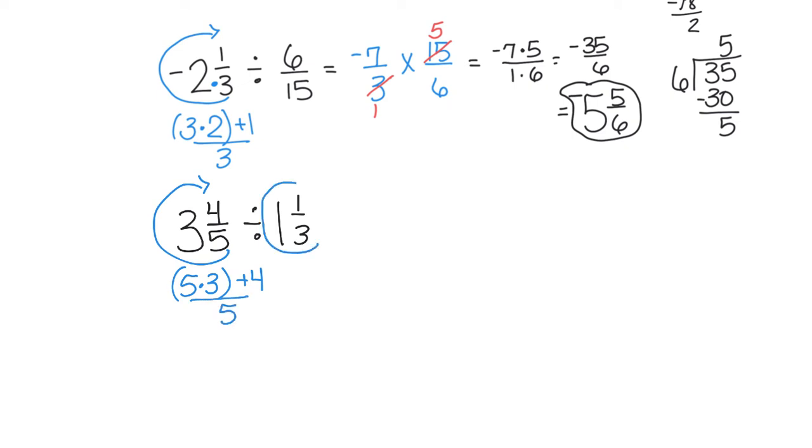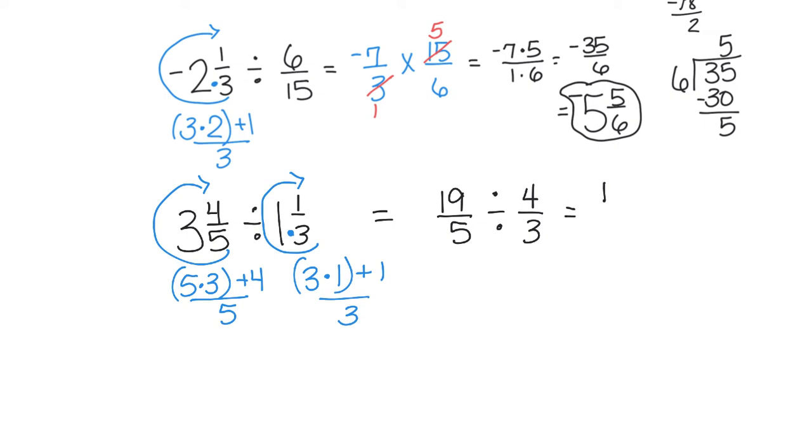Then they're going to do the backwards C here, 3 times 1 plus 1, and place it over 3. So now their problem becomes 19 over 5 divided by 4 over 3. So now they're working with two improper fractions.